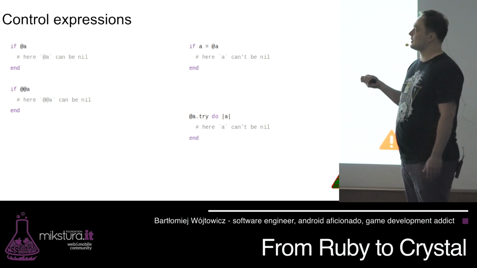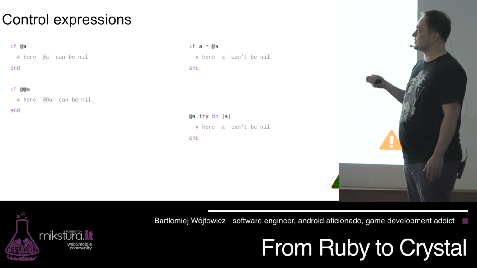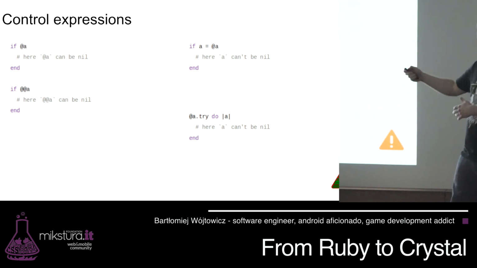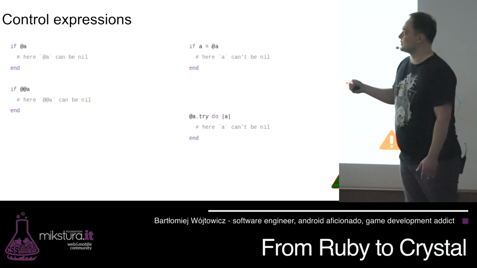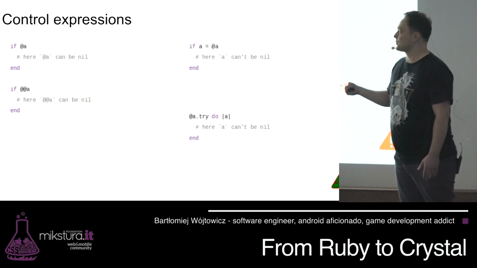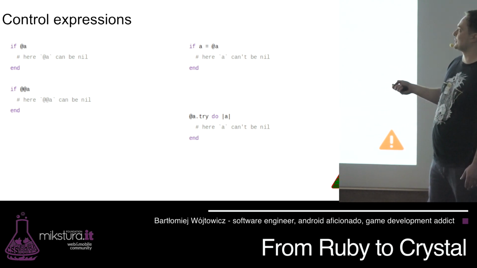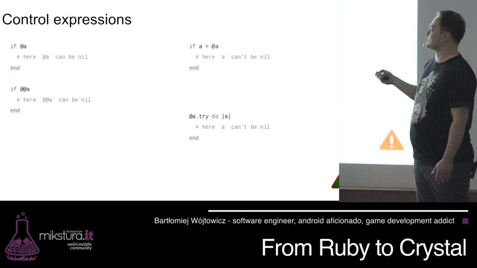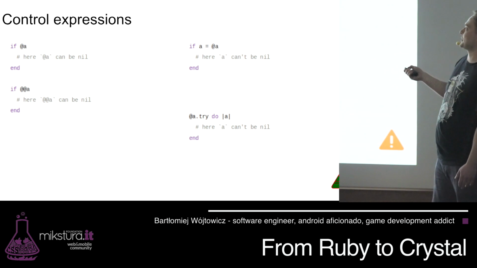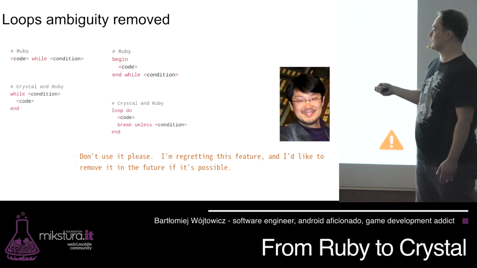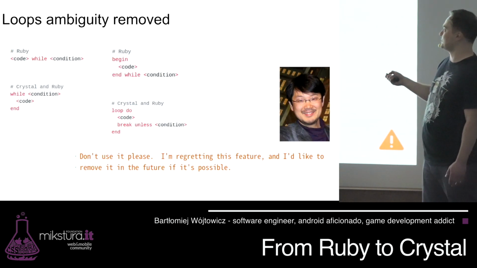So if you check here, it might be true, but once it goes here, this instance variable might be modified by another fiber, which is lightweight thread in Crystal, and it might be nil. So you need to be careful when you're using it. So that's the one solution. You can just assign it before you check it, or you can use this try block, which is much better than this.